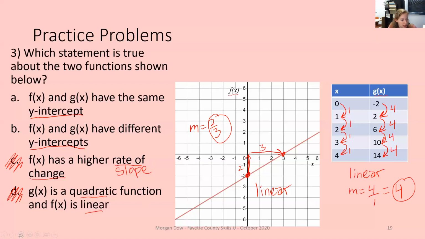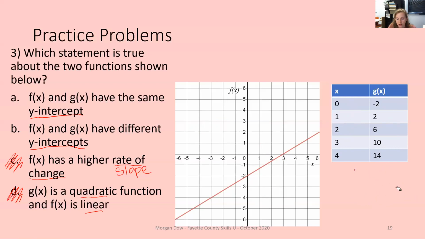So I'm going to go ahead and clear the screen here a little bit. So take a look at the graph first. What is the y-intercept of f of x?